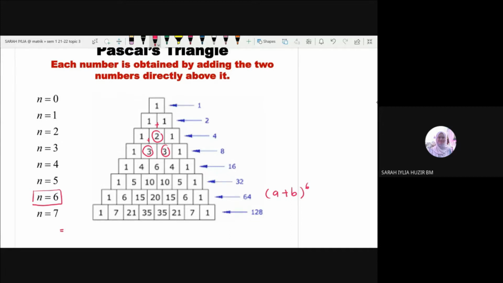Every term yang kita dah expand. After that, kita kena tengok ada berapa term. Terms tu depend on how many box that we have here. Kalau kita tengok A plus B to the power of 6, kita ada all together 4, 5, 6, 7. Akan ada 7 terms. So, buatlah 7 terms tu dulu, tulis siap-siap. Saya buat A, B ni ada 7 kali.